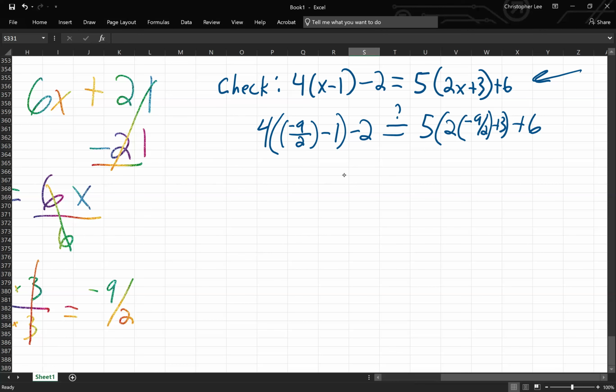Thank you. All right. So now let's verify. I just want to verify that the left hand side equals the right hand side. All right. So what should I do first? Help me out. So this is going to become 4 times. That's an ugly 4. Let me try that again. Yeah, that's better.